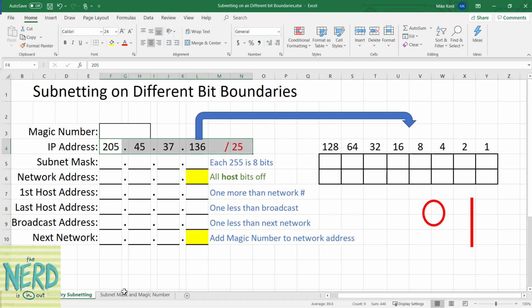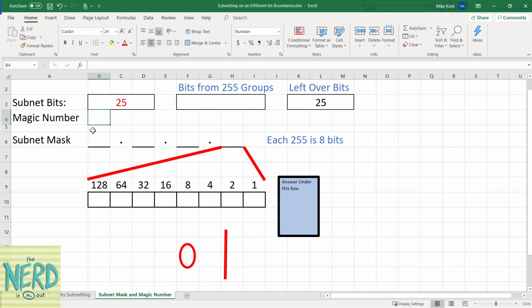So first let's get the subnet mask, and you just get a piece of paper and start writing 255.255.255, and that's 24 of my 25 bits. I've got 1 bit left here. So this part of the subnet mask is going to be 1. That's 25. The rest of these are going to be 0.